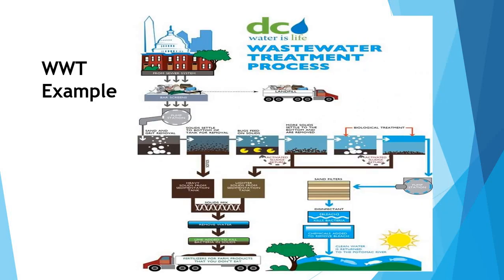And this is a typical water treatment process which is done in Washington, DC. From the sewer system, sewage enters the bar screen, and then after the bar screen comes grit removal, and here we can see the diagrammatic representation of the amount of solids which are removed.